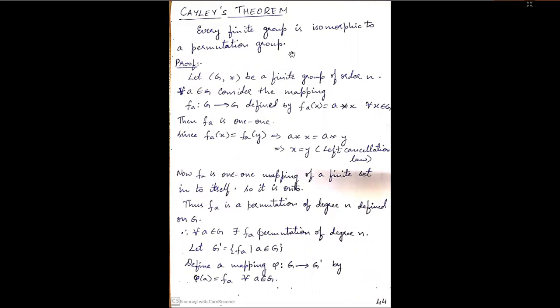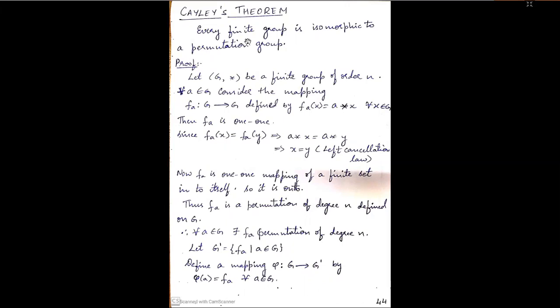And whenever I say isomorphic, that means if you have two groups G and G dash, and I say that G and G dash are isomorphic, all the properties of G are satisfied by G dash as well. So if the order of a is say 5, then the order of f of a will also be equal to 5 itself. So then we say them to be isomorphic.